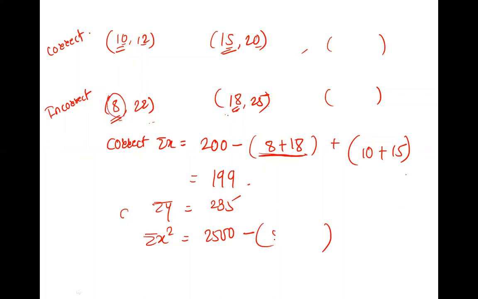It's the first number squared and the second number squared, since these two incorrect ones are there, plus the sum of correct x square, so 10 square plus 15 square. You did it like this only? Yes, ma'am. Then if you did that, you're correct. So what is the correct summation x square?